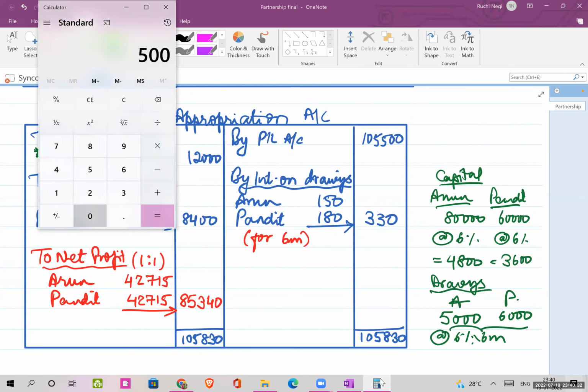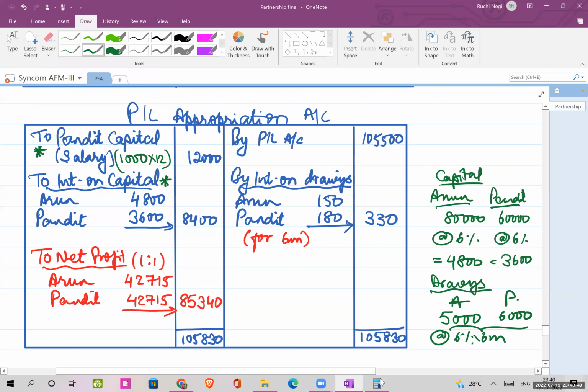ठीक है, सो 5,000 का 6% इंटू 6 मंथ, दैट इज 6 डिवाइड बाई 12. सो ये हो जाता है 150. एंड 6,000 का 6% इंटू 6 डिवाइड बाई 12, ये हो जाता है 180. ओके, सो दिस इज हाउ यू गेट दीज कैलकुलेशंस. Hidden entry, I mean adjustments, 2 effects.